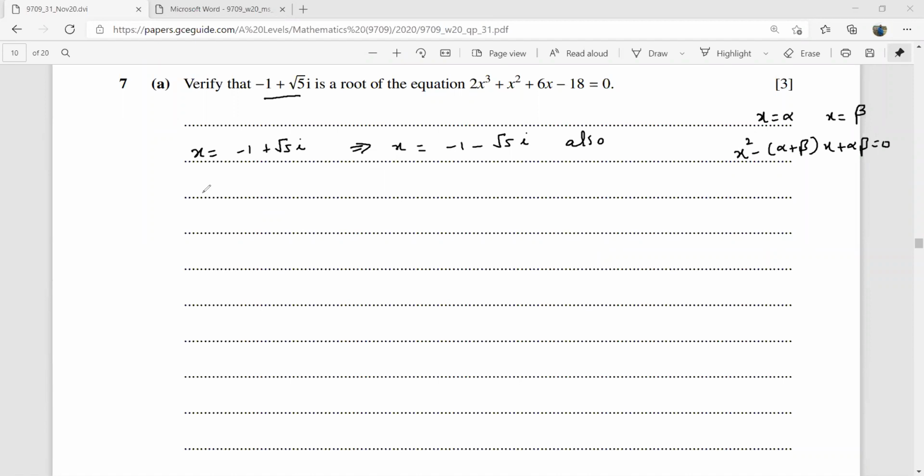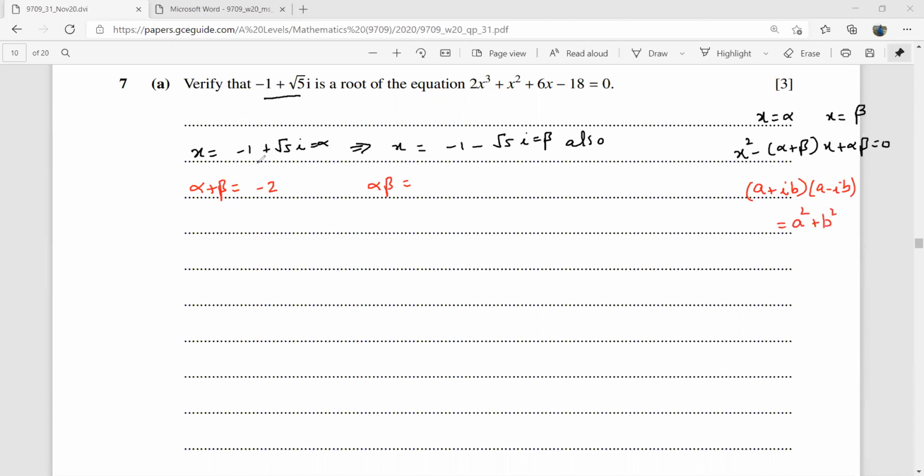So if this is your alpha over here and this is your beta over here, can I say my alpha plus beta is going to be minus 2, and my alpha beta is going to be, if you remember, (a plus iota b) times (a minus iota b), that is equal to a squared plus b squared.